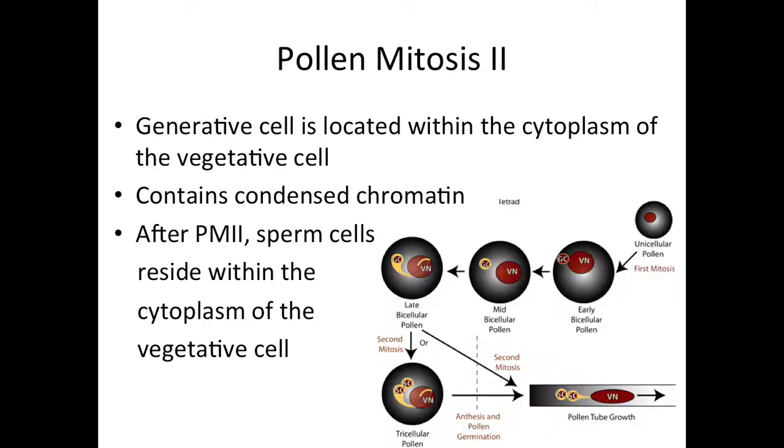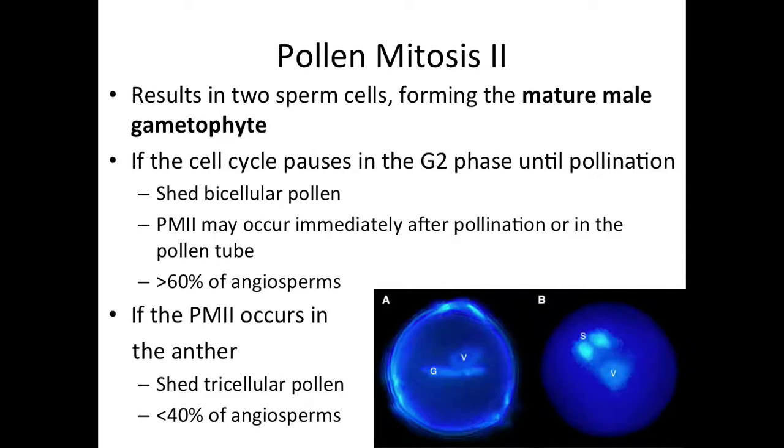Once pollen mitosis 2 has occurred, you have a mature male gametophyte. The mature male gametophyte is only present once the sperm have formed.